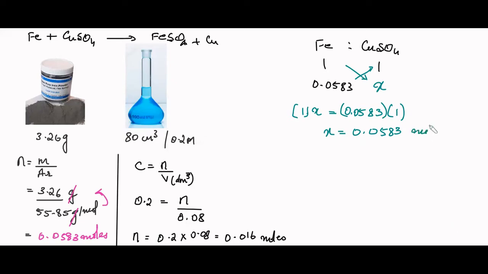But from the data we calculated before, we have only 0.016 moles of copper sulfate in the solution. Meaning copper sulfate is not as much as we are expecting. In other words, copper sulfate, being in insufficient quantity, is the limiting reagent. It is just 0.016. So this is the limiting reagent.